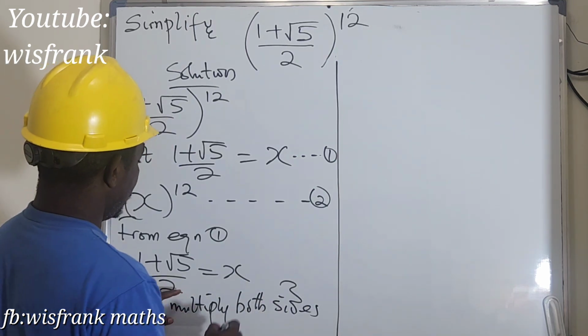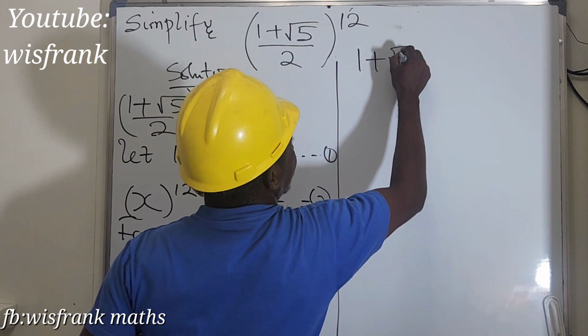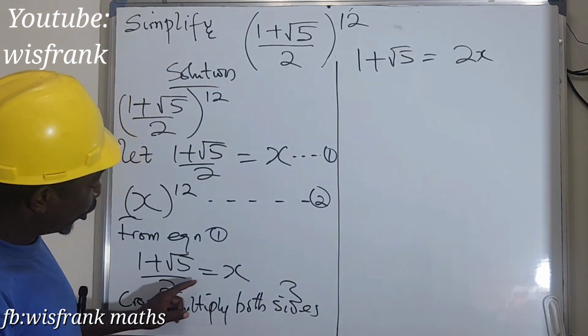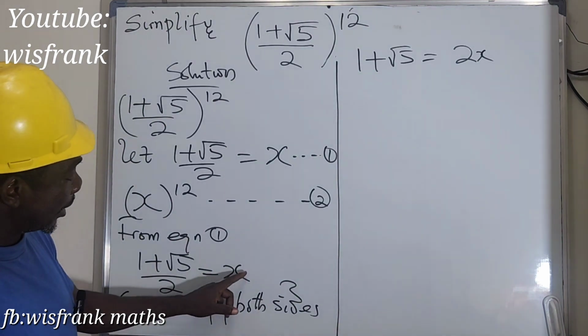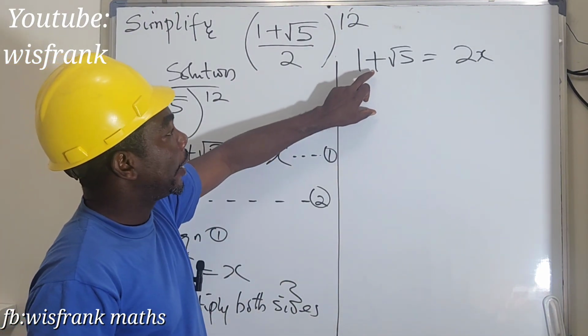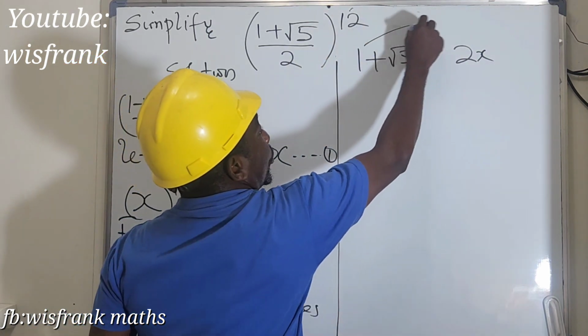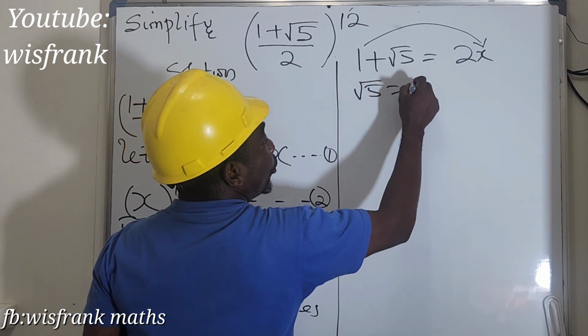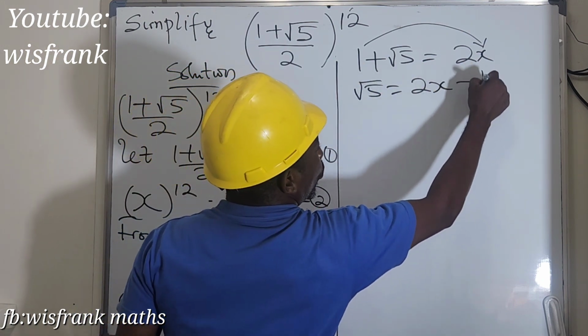So this will become 1 plus root 5 equals 2x, because we cross multiply: 2 times x equals 1 plus root 5. So here we can transpose 1 to the other side. That will become root 5 equals 2x minus 1.